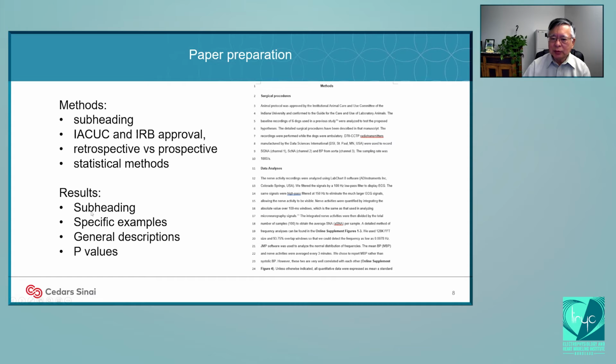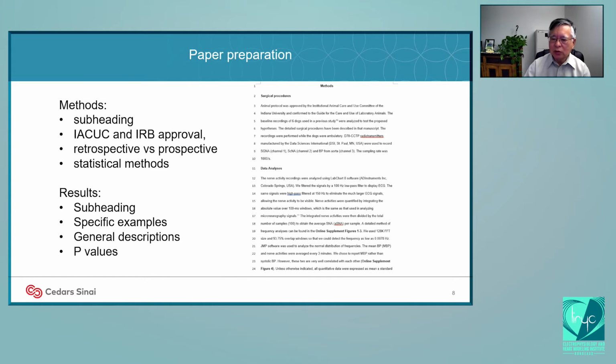The Results section is the same. You want a subheading. Generally you want to give specific examples, and then don't forget to give a general description. So if you've done, for example, 6 dogs, and you have 1 dog that really shows the phenomenon, you want to have a figure describing what phenomena. But then you have to have a paragraph saying, in addition to this typical dog, there are an additional 5 dogs.